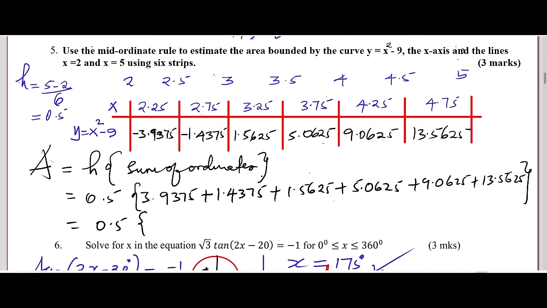So that gives 34.625. And when you multiply that by 0.5, you get 17.3125 square units.